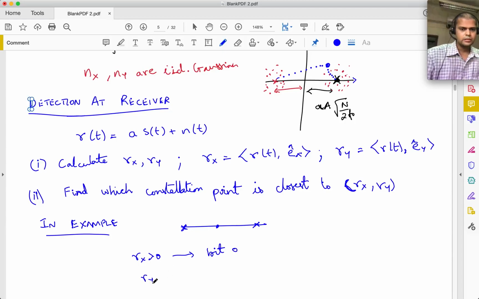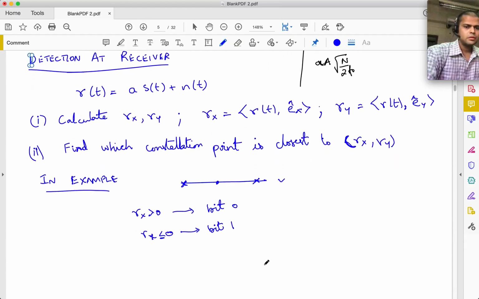But if Rx is less than 0, then we say that it's bit 1. We can say less than or equal to 0. And we don't care about the Ry component in this particular constellation.